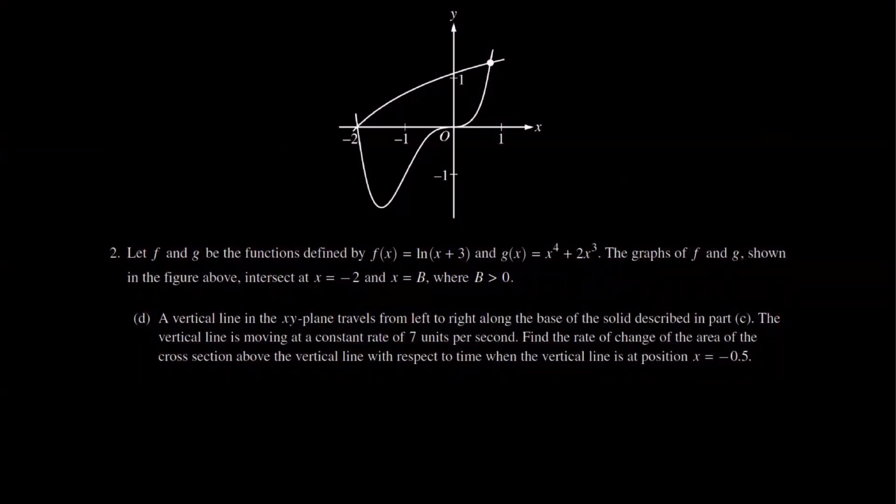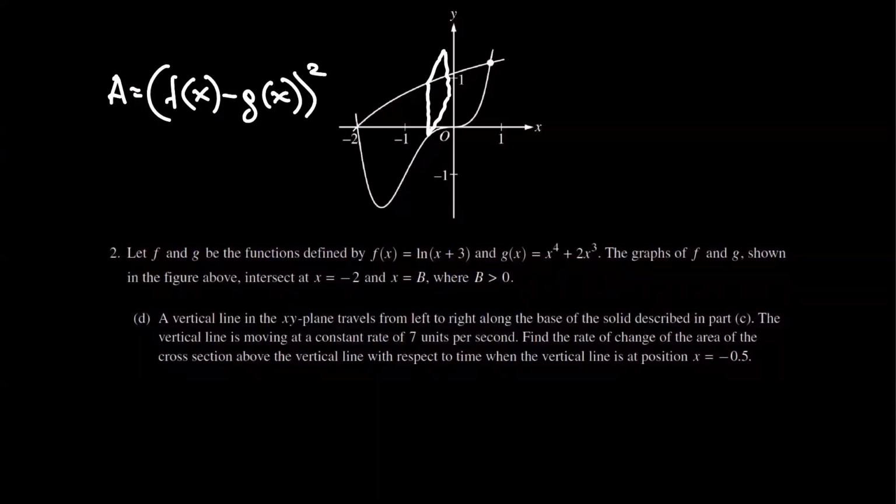And so let's draw a little picture here. So we have this point x equals -0.5, and then the area looks like this. So the area is equal to, as we saw in part C, f of x minus g of x, squared.